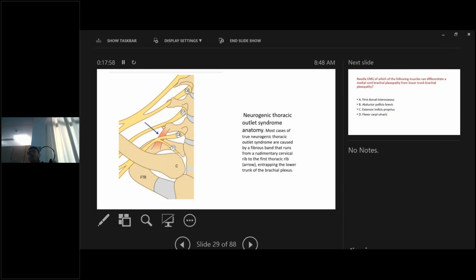So I don't want to confuse you. But usually, the typical feature of thoracic outlet, you will have numbness in the ulnar distribution, and you have atrophy in the thenar. That's the most typical feature. Because it doesn't make sense when somebody has thenar atrophy and numbness over the hypothenar area or over the fingers.